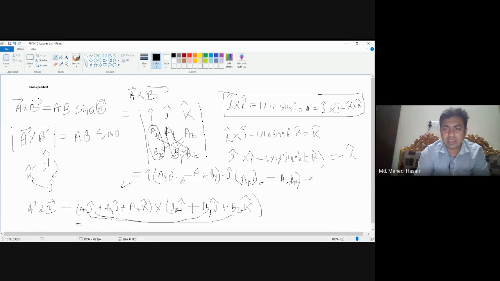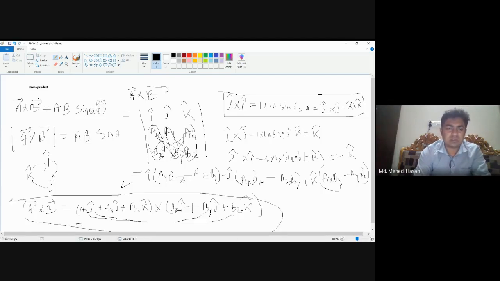In case of plus k, this part is closed, so ax by minus ay bx. So this is the procedure to find the cross product of two vectors. You can follow this rule, or this rule.